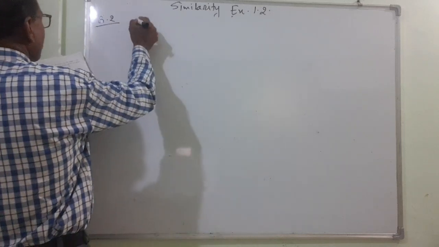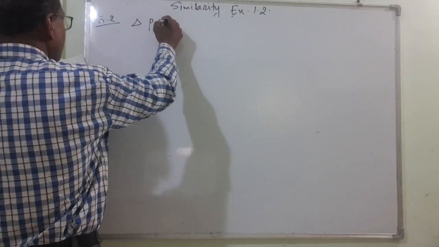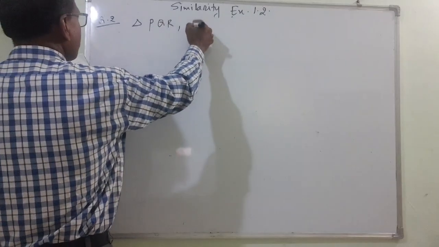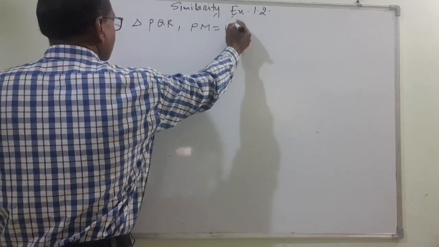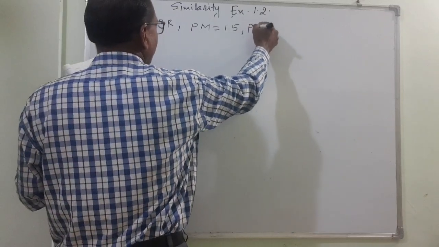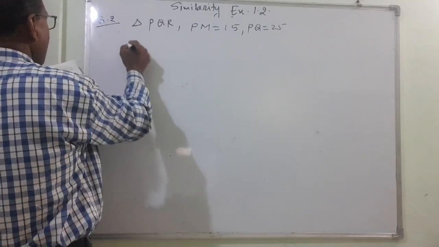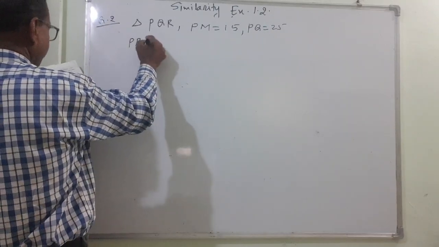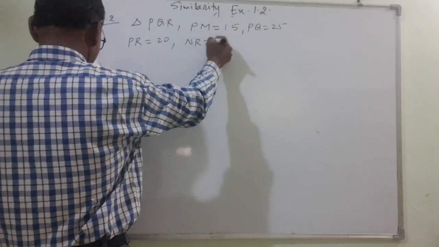In triangle PQR, PM equal to 15, PQ equal to 25, PR equal to 20, NR equal to 8.